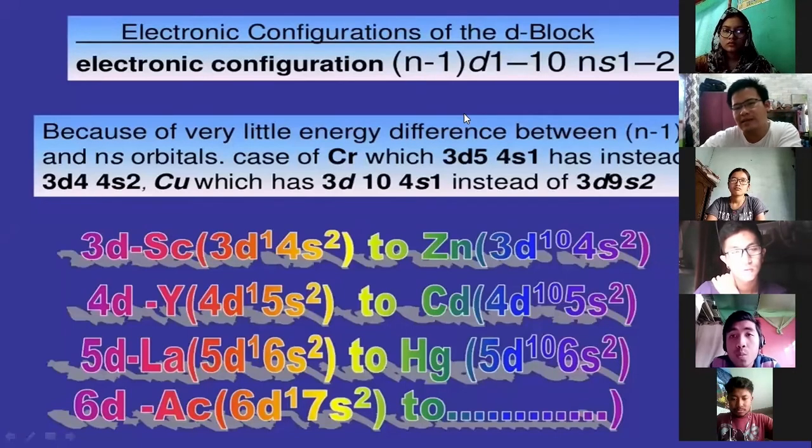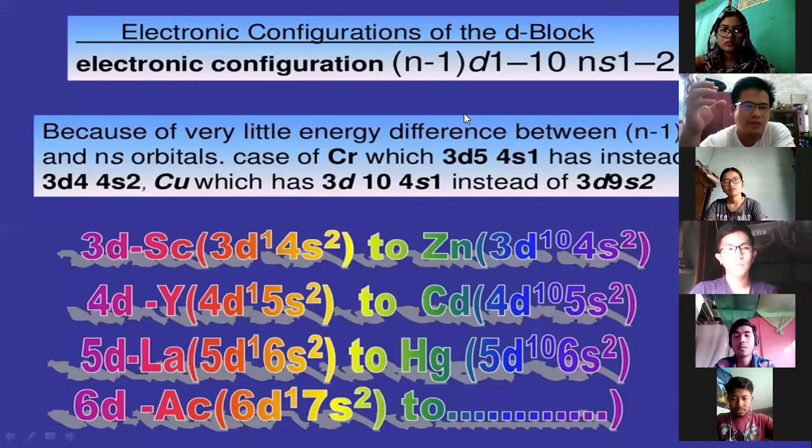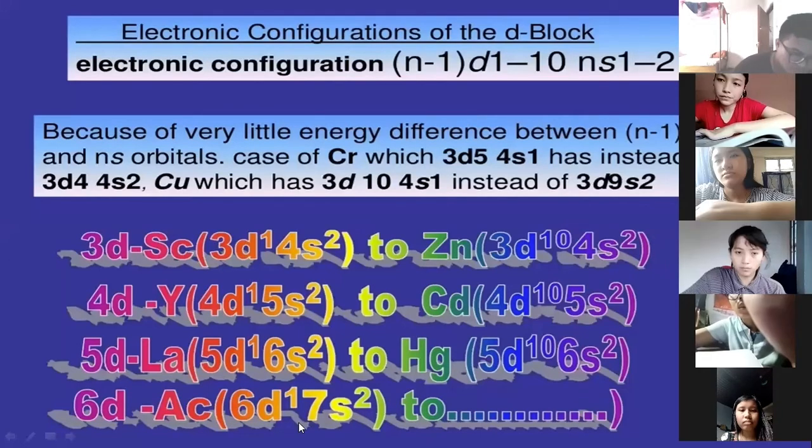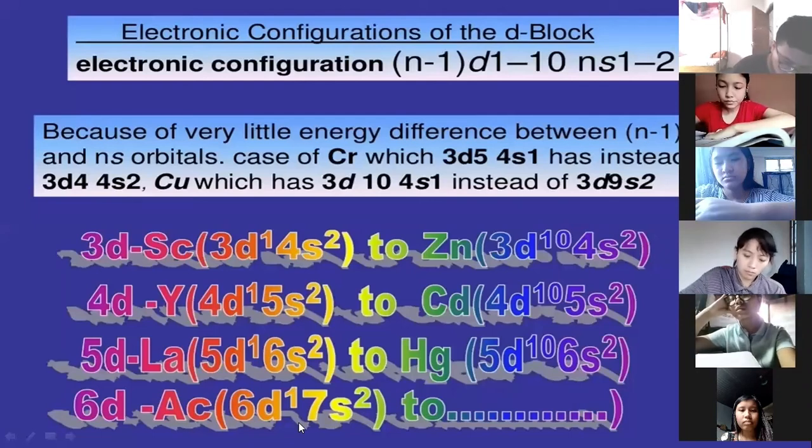Because of the very little energy difference between (n-1)d and ns, in the case of chromium it is 3d5 4s1 instead of 3d4 4s2. This is an anomaly, as in chromium and copper, where the energy difference is small. Half-filled or completely filled is more stable, and nature prefers it. Half-filled or completely filled configurations are more desirable, having more stability.